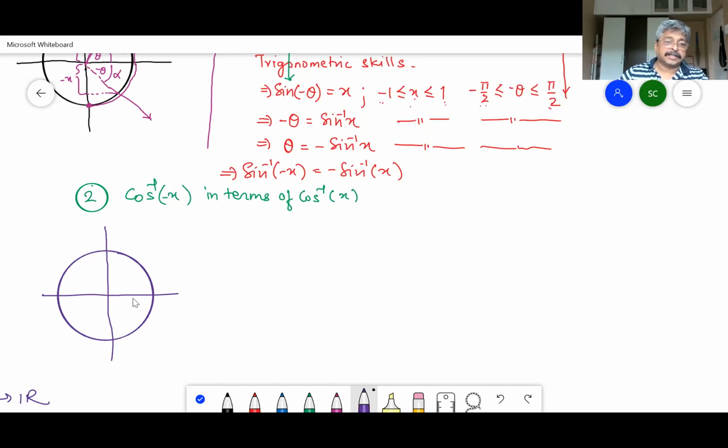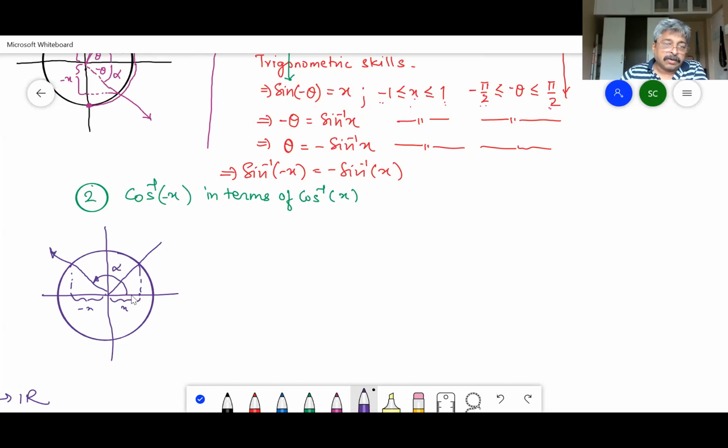Now cos is the x coordinate, so this is suppose your x. This is your opposite of x. This is the corresponding terminal ray. This is the corresponding terminal ray of opposite of x. Correct? Now, cos inverse of opposite of x will give you this angle alpha, right?